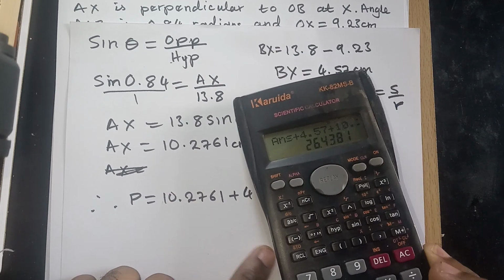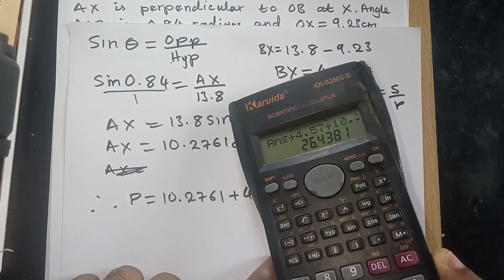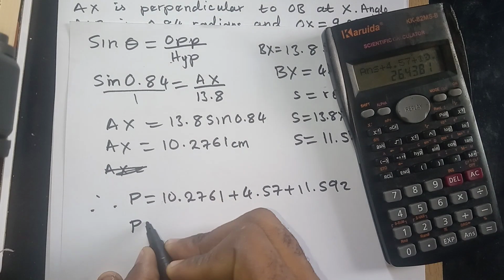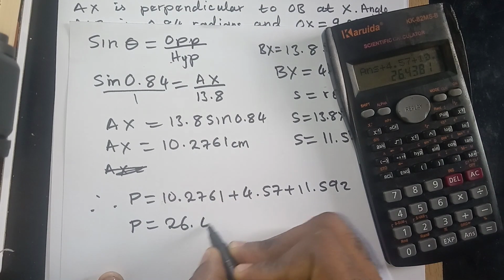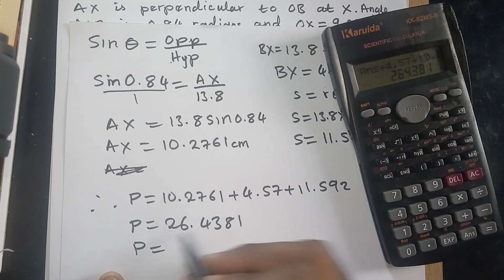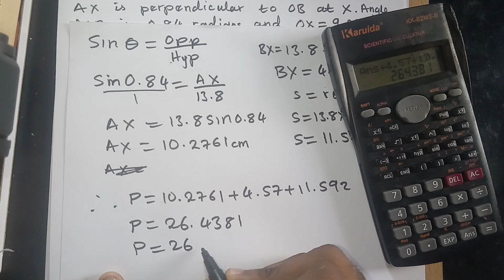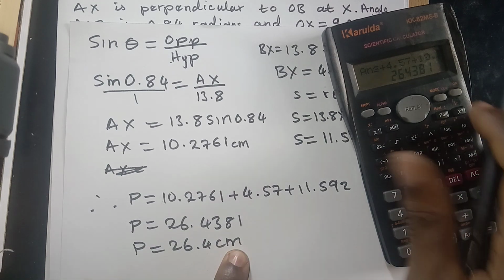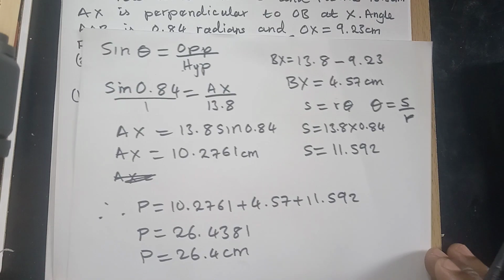This will give us 26.4381. So our perimeter will be 26.4381, which we can round off to 3 significant figures. And remember, perimeter is distance, so it is measured in centimeters.